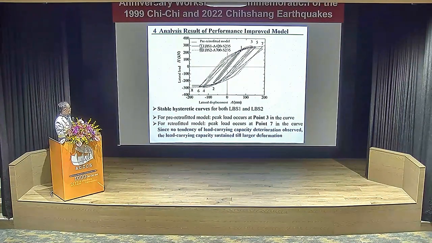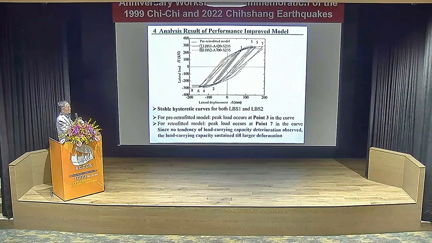And for the pre-retrofitted model, without changing the diagonal braces to BRB, the peak load is obtained at 0.3 here. But for the retrofitted model, case 1 or case 10, the peak load occurs at about 0.7 in the curve.